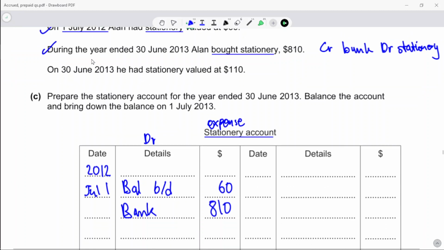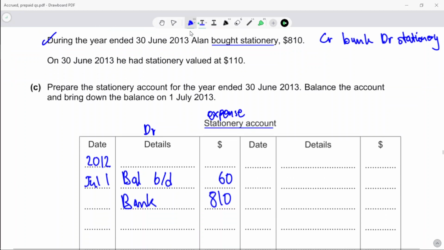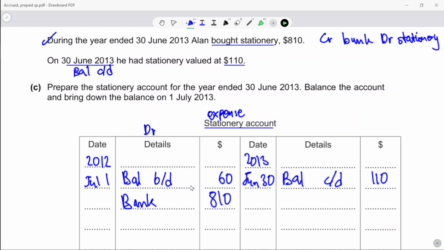The third line on this day, you just say balance CD. Balance CD is the opposite of balance BD. BD is left, so balance CD is right, the opposite side. So it's 110, on 2013 June 30. So we can close the account.